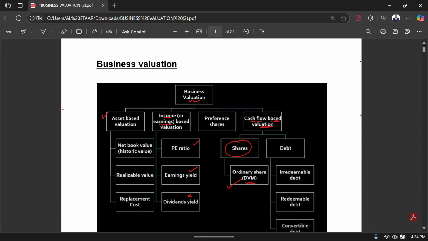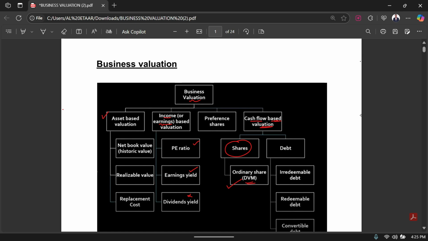Now what we have already discussed in our previous lecture was how to value a business based on its asset, which is called the asset based valuation, which is our first category, right? And in that we discussed the net book value method, the realizable value method, and the replacement cost method.